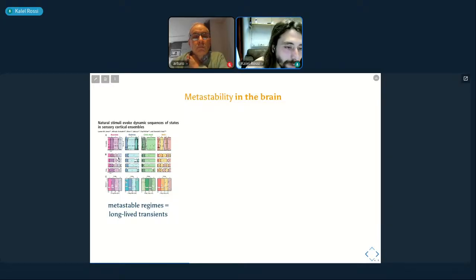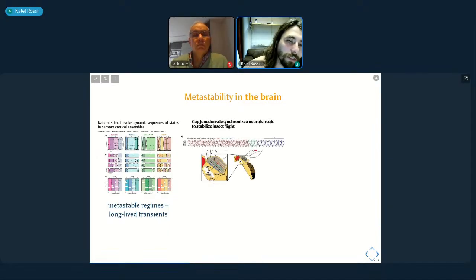They're also mentioned as metastable regimes, by the way, so this is why I'm adding them, right? They're termed metastable. Another example of metastable dynamics is this really cool paper, which was also measuring firing rates of neurons in Drosophila, in the fruit fly, and they also observed that during flight, the activity of the system stays on a long transient for a while, then quickly switches to other transients.